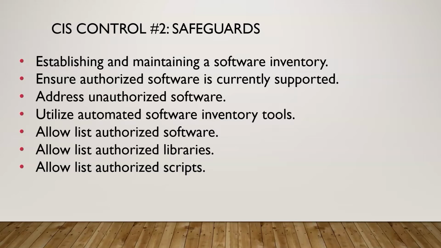So when we talk about safeguards for control number 2, we are talking about things like establishing and maintaining a software inventory. So again, this is not just saying, okay, we have Windows installed on this machine. It's actually, let's take an inventory of what software we have licensed, any open source software we're using. You need to identify things like, when was this installed? When was it last used? Why do we actually need this? So what's the business purpose for this particular software?